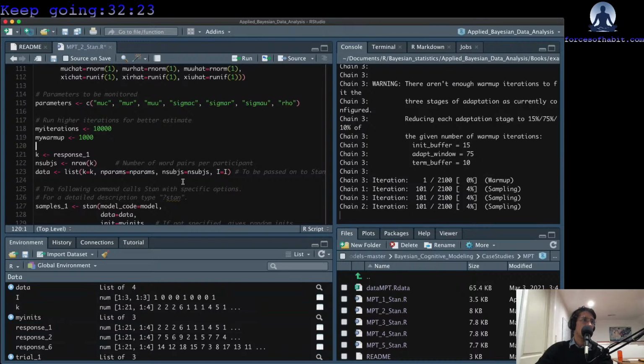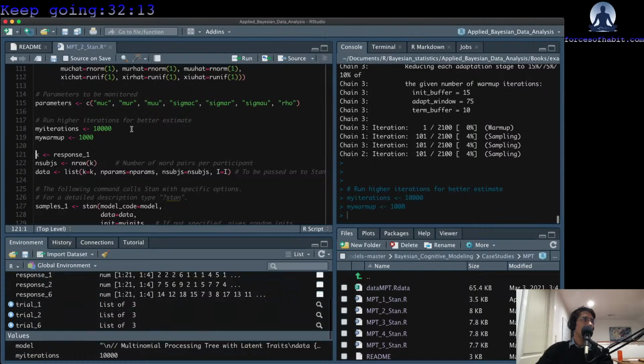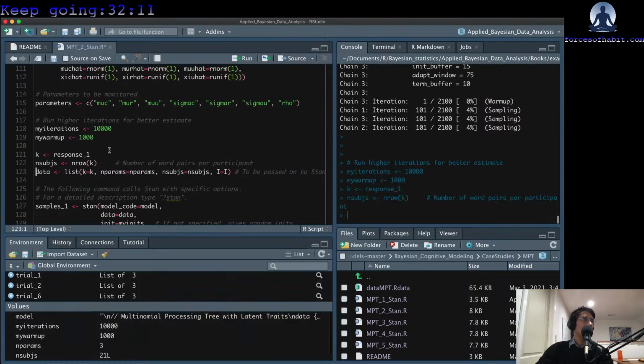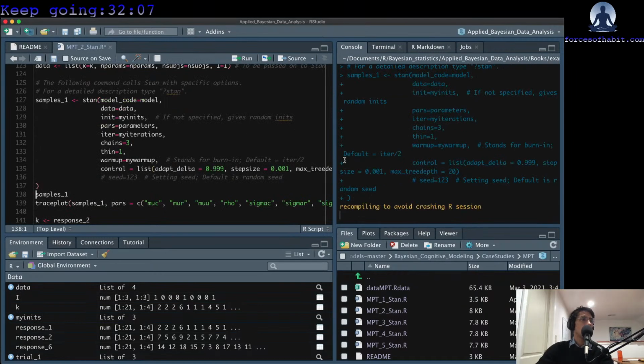This should work better. Oh, we're really moving slow. Okay. This might work. I gave it more gas, but that might make it take longer.